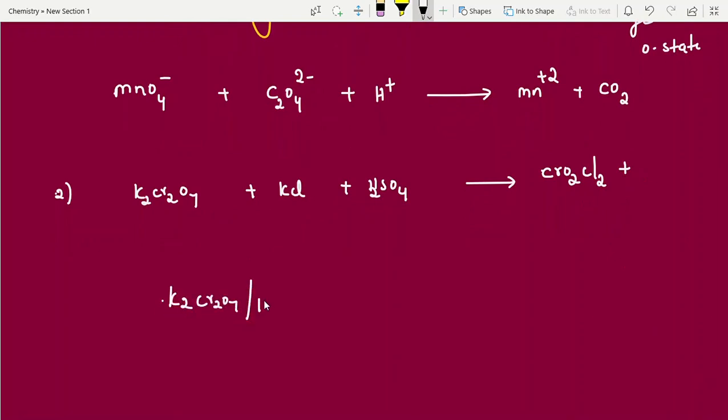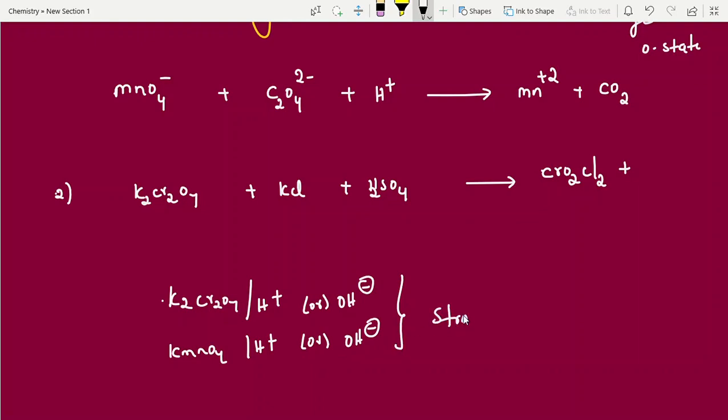K2Cr2O7 in presence of acidic medium or basic medium. Next, KMnO4 in acidic medium or basic medium acts as a strong oxidizing agent. Strong oxidizing agent is nothing but itself it undergoes reduction.